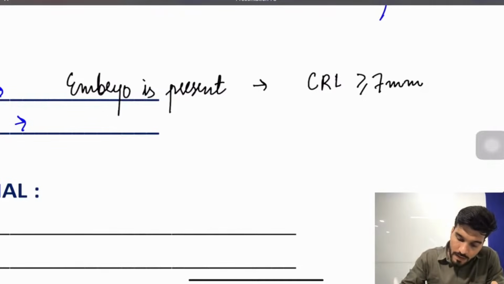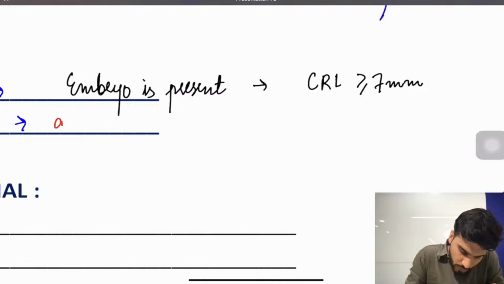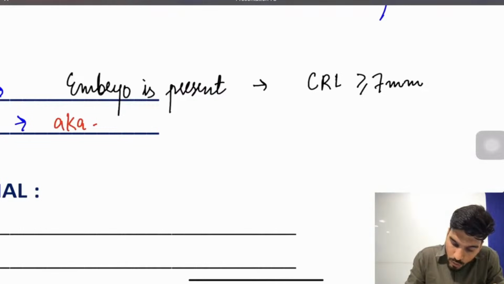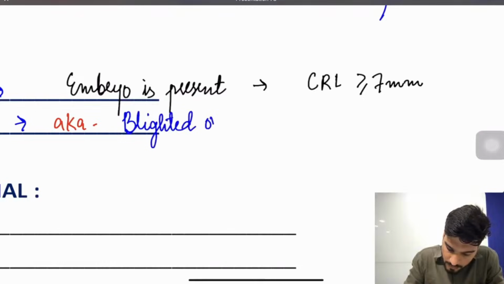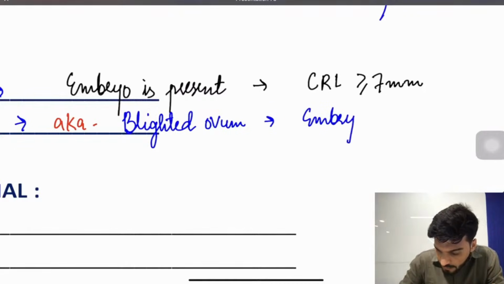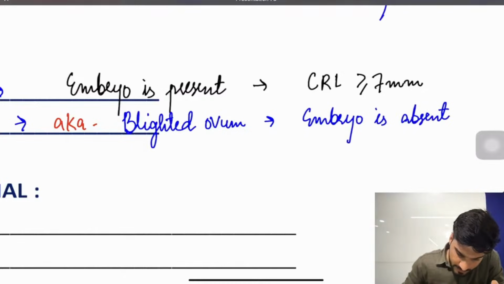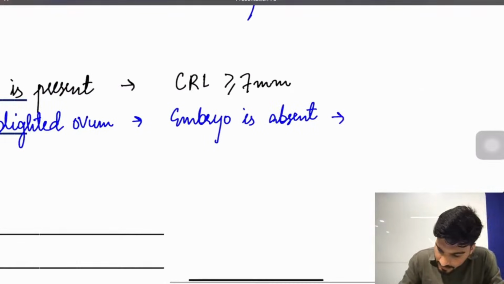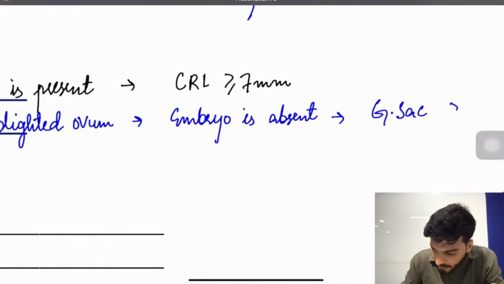So what is an anembryonic abortion? The embryo is absent. It's also known as blighted ovum. The embryo is absent, and the gestational sac is more than 25 mm.